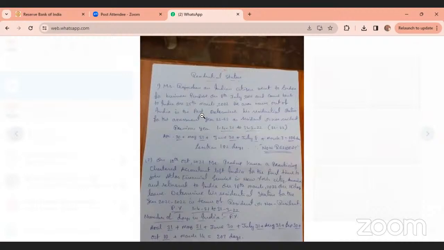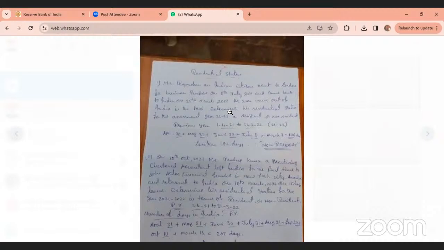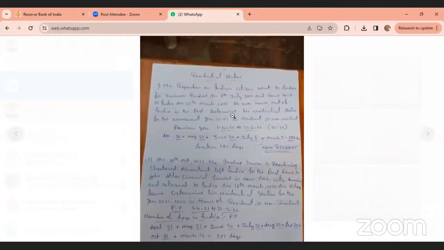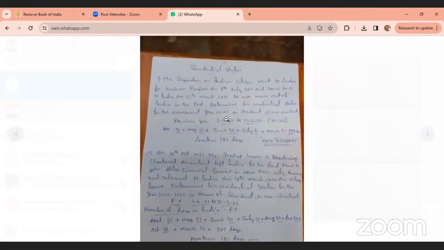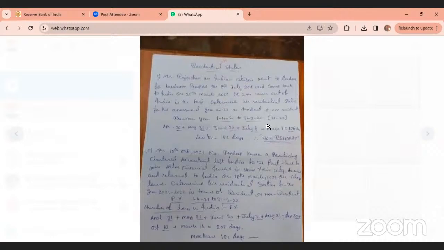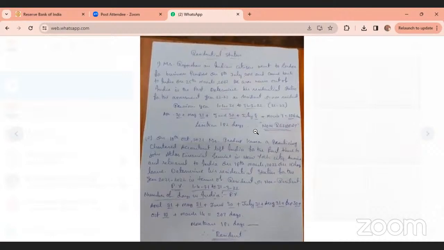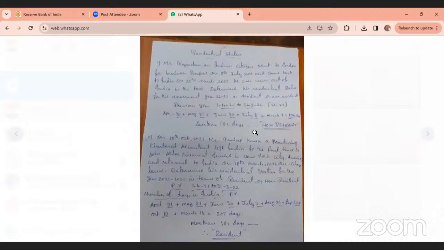He was never out of India in the past. And before 2021, he was never out of India. Determine his residential status for the assessment year 22-23 as resident or non-resident. See here, Mr. Rajender, an Indian citizen, when he went to London, 8th July 2021.